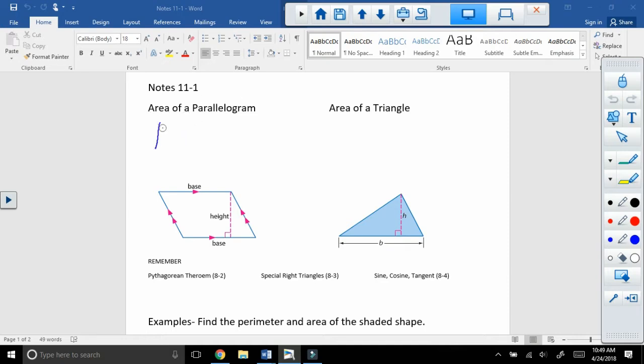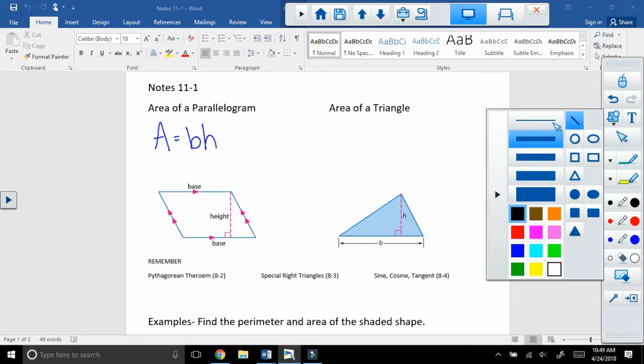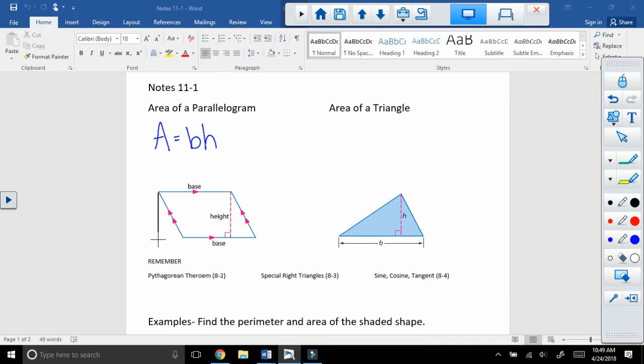Area of a parallelogram. I'm going to write: area of a parallelogram is the base times the height. This is true of any parallelogram. So rectangles work, squares work, rhombus works, any parallelogram works for that. And the reason why is if you can envision taking this triangle here and just shifting it.